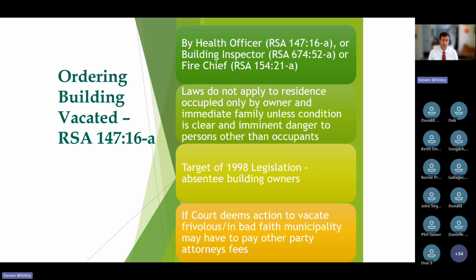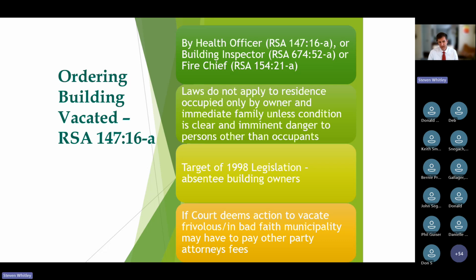You can only order it vacated if the condition is a clear and imminent danger to people other than those occupants. And if you think about that, that is a really, really high bar to clear. So you're not saying it's a danger to the people that are living there. You're saying it's a danger to people that are not occupants of that building, so the surrounding buildings.